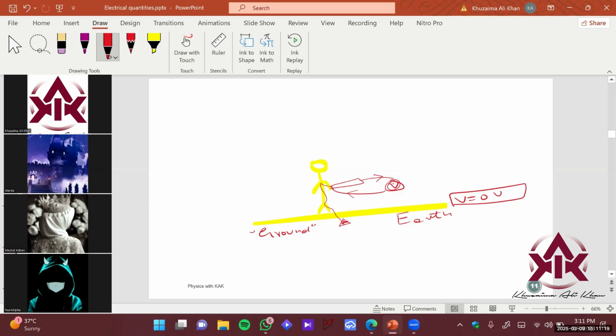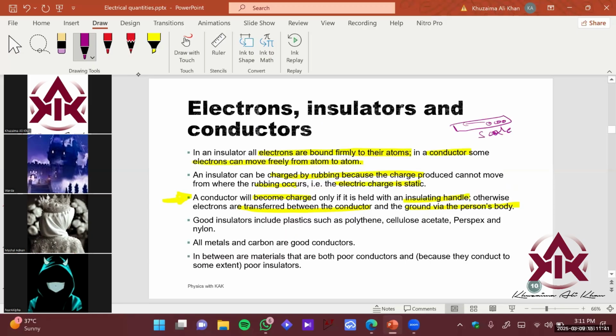So the current, instead of moving along the wire, will move through your body and will electrocute you. That is why we have plastic safety handles. Sometimes people wear gloves when they are operating with power lines so that they do not get shocked. So this is the reason over here.